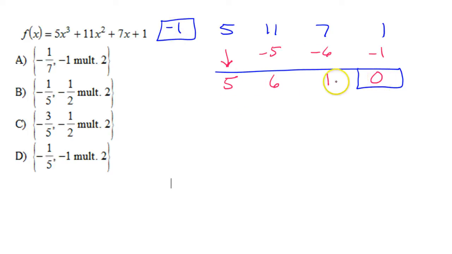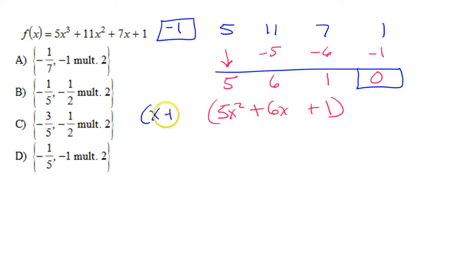Now, these are the coefficients of a trinomial. So the trinomial is 5x squared plus 6x plus 1. This 0 of -1 would come from a factor of x plus 1. So far I have factored this polynomial down to here.